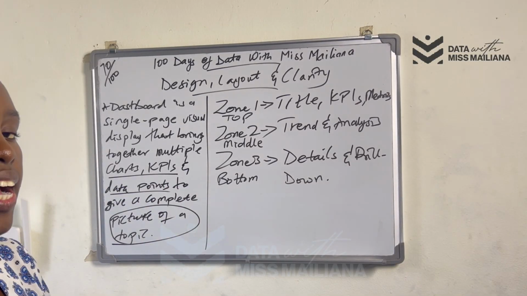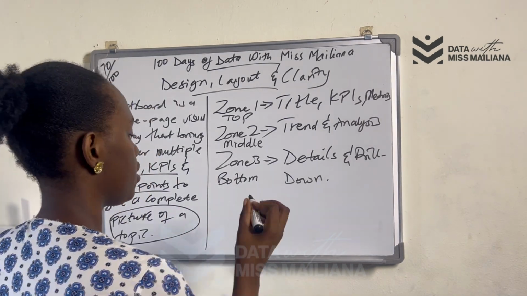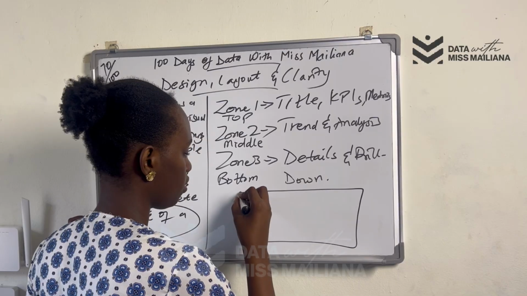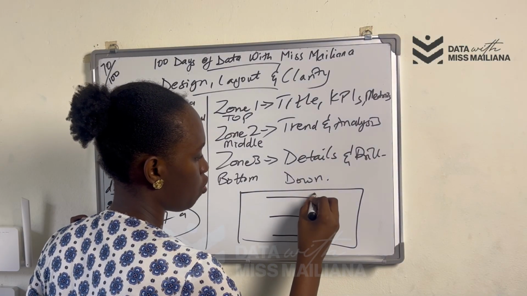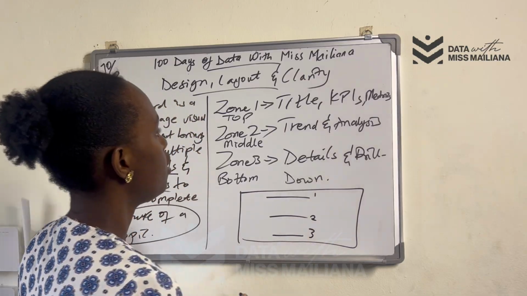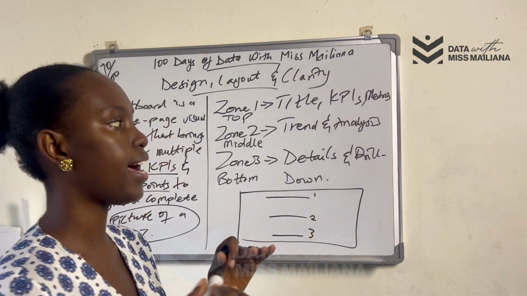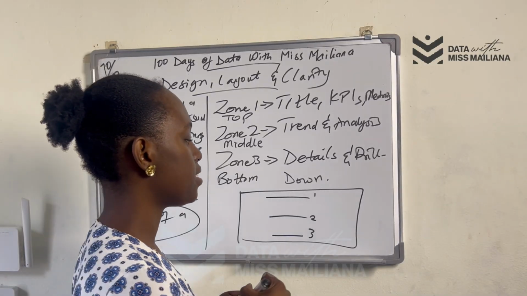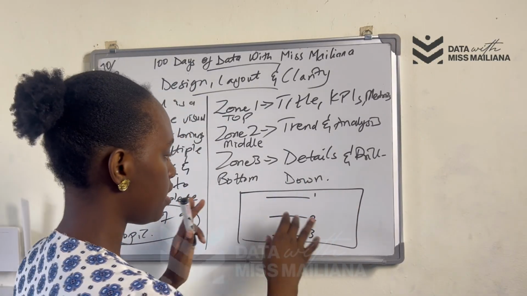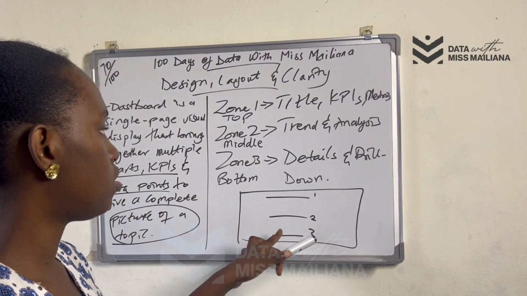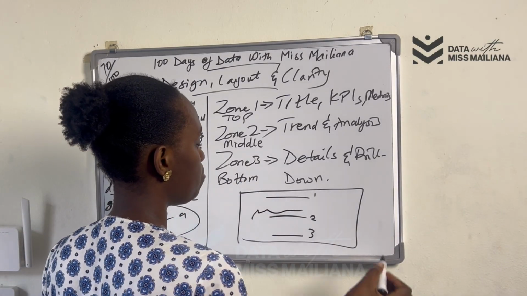When you are designing a dashboard, just have these three zones in mind: zone 1, zone 2, zone 3. Your very first zone should have your title, your KPIs, your metrics. So immediately someone sees your dashboard, they know what it is about from the top. Zone 2 talks about the trends. This is where the charts and everything will be.